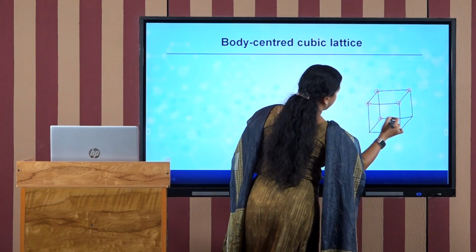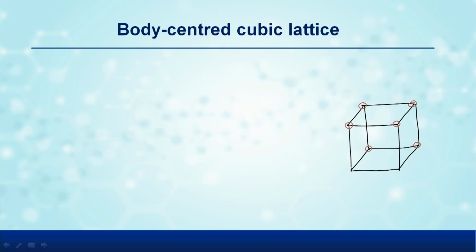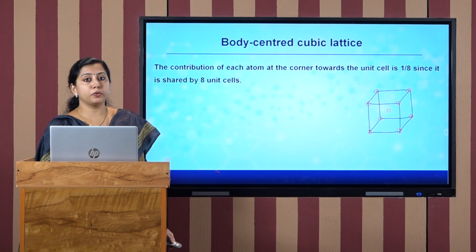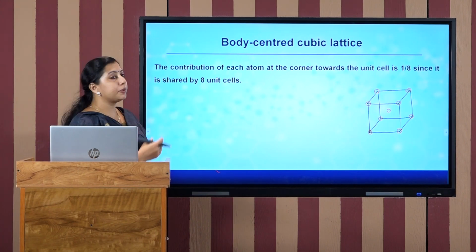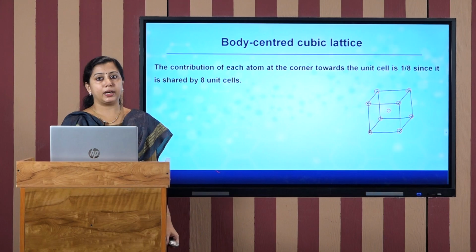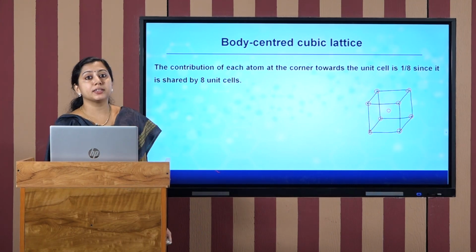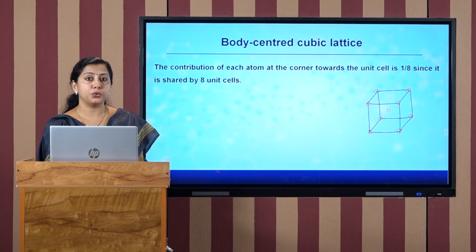So, at the 8 corners, we have atoms. In addition to it, there is also an atom at the center of the body of the unit cell. Similar to a primitive unit cell, here also the contribution of each atom at the corner towards a unit cell is 1 by 8, since it is shared by 8 unit cells.